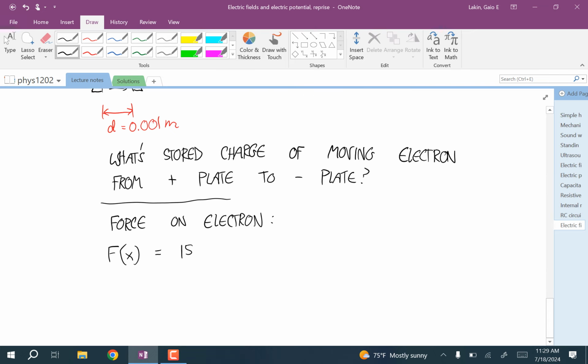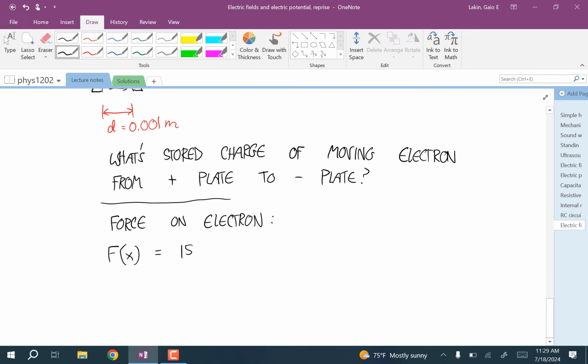You know, our positive x direction is to the right, our negative is to the left. So we have our function E of x here, and we're multiplying it by the charge of an electron, which is negative 1.602 times 10 to the minus 19.